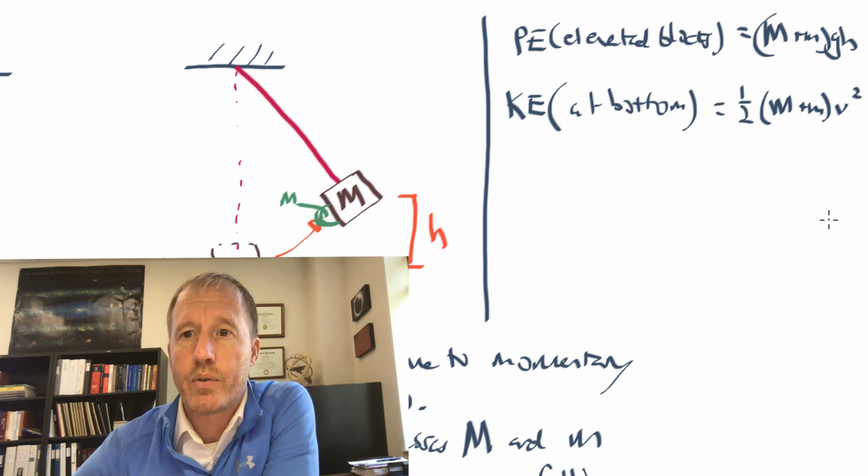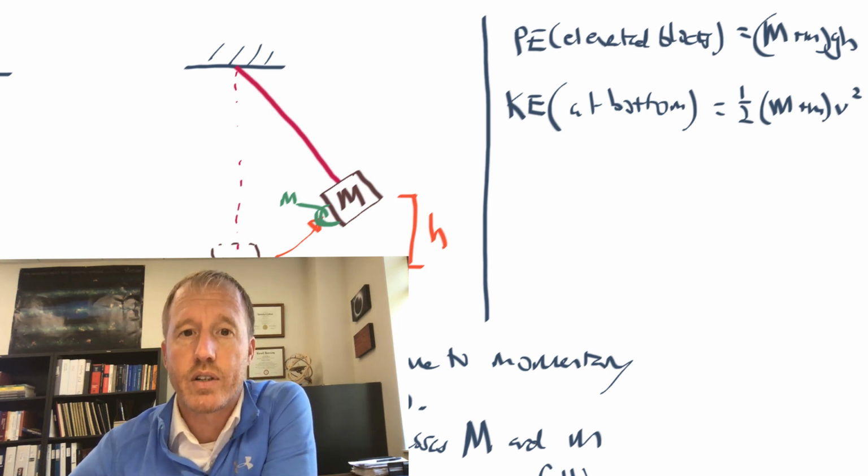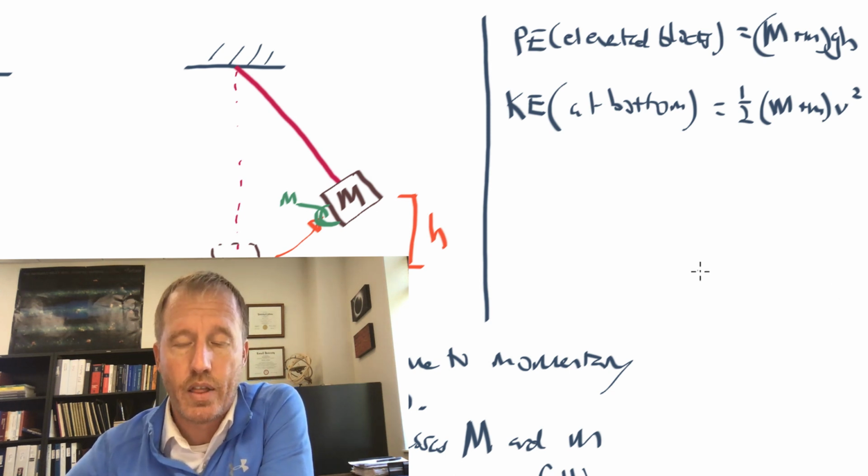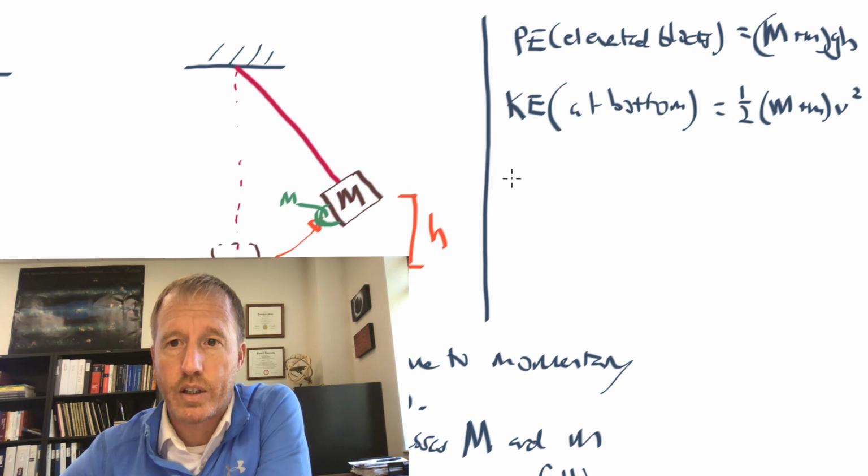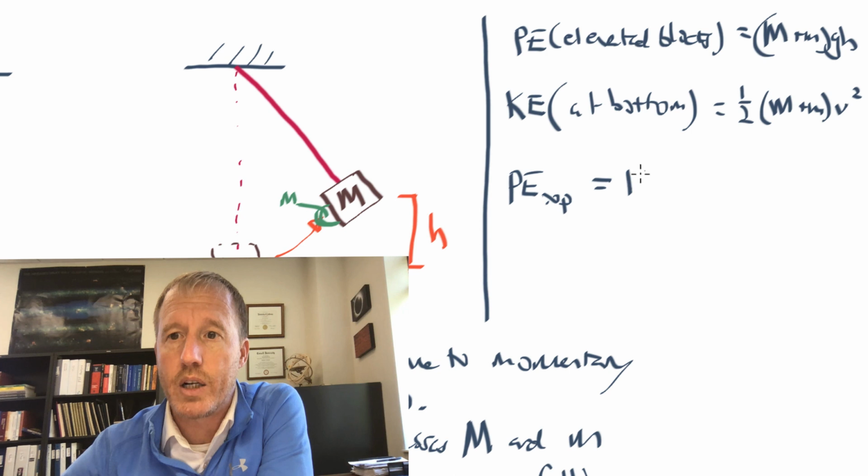Notice that this allows us to relate the height that they're located and this velocity that they would have at the bottom. After all, if they have some potential energy at the top, they're able to do work, then they swing back down and that turns into kinetic energy. Then you can write that the potential energy at the top is just going to be equal to the kinetic energy that this two mass system has when it swings to the bottom.